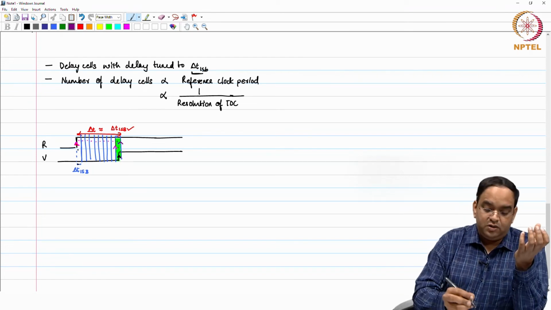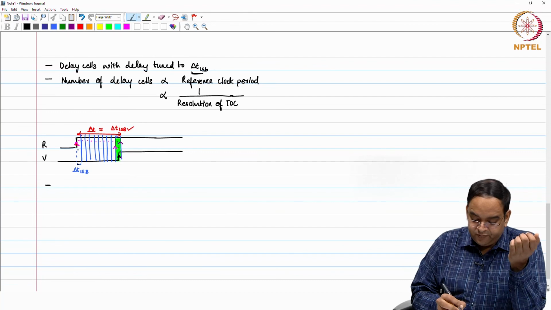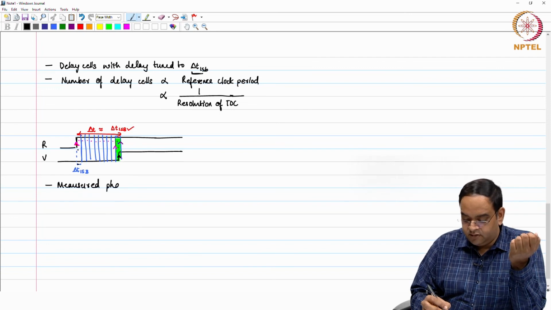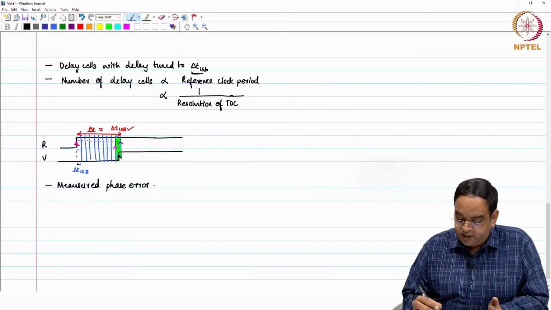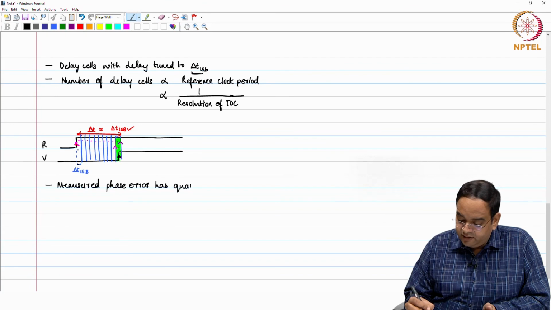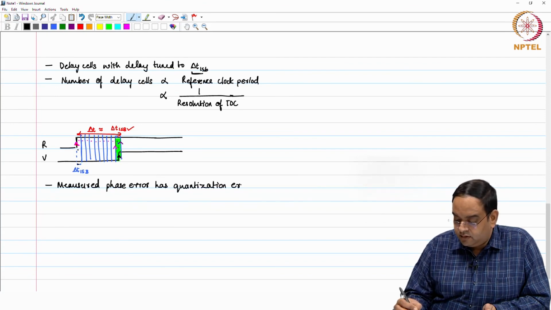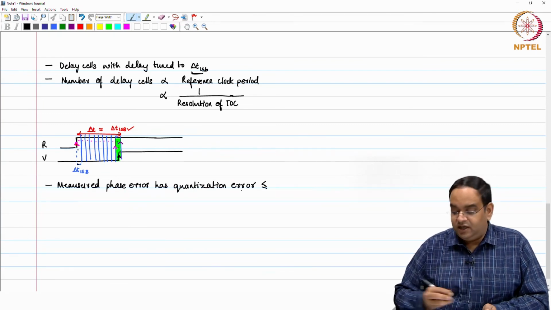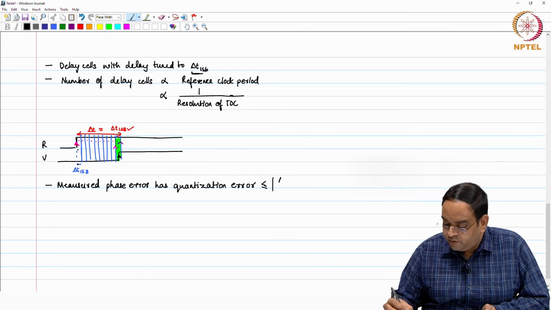So, your digital equivalent, or you can say the measured phase error, has a quantization error. It is limited, that's a better word, by mod of delta t LSB by 2.